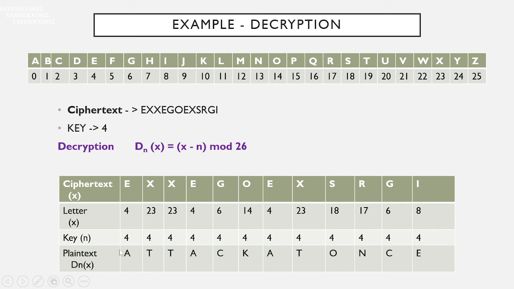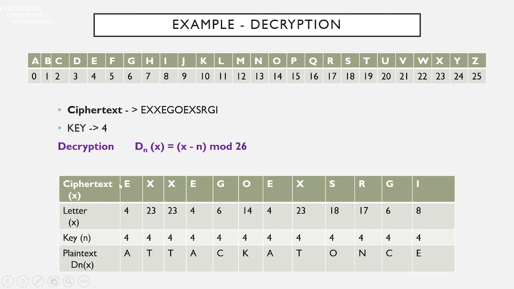And finally, we have to calculate the plain text, where we apply the formula x minus n mod 26. Here for all the letters, the value of x minus n, or x plus n, was less than 26. Okay, if it is greater than 26, then you have to apply the modular arithmetic, but in this example we have everything less than 26.